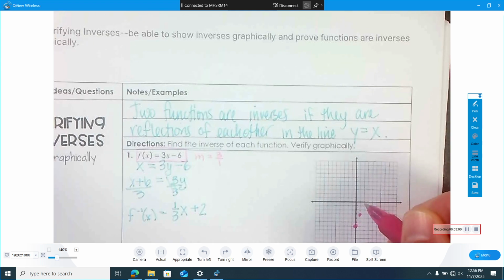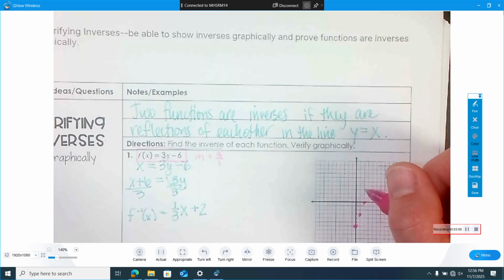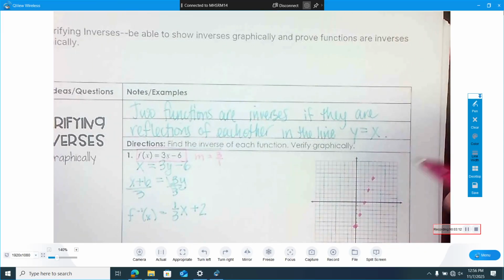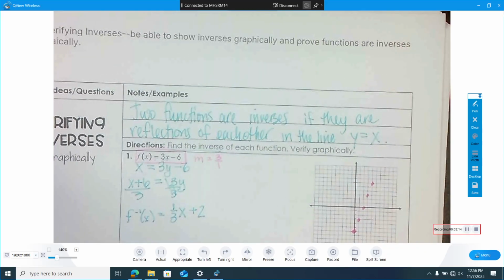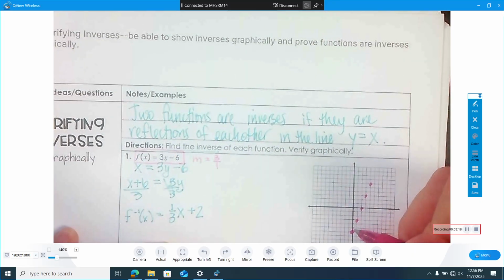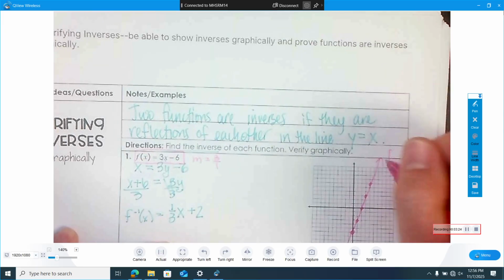Up 3, right 1. Ugh, her graphs are so small. This is my one critique here. Up 3, right 1. I'm graphing a lot of points because I want you to see what's happening with those points. So there's my pink line, right about there. It's pretty good. So that's f.